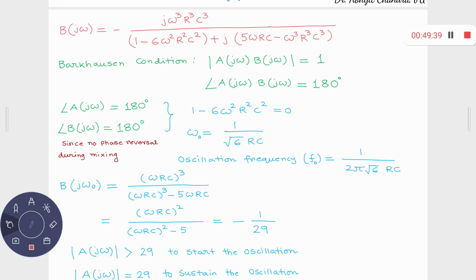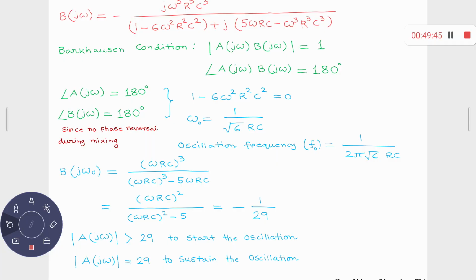The mod gain of the amplifier should be 29, so that the oscillation is sustained. Because the product should be 1, this B network is giving you a gain of minus 1 by 29, so this A network must provide a gain of 29 so that the AB product is equal to unity.